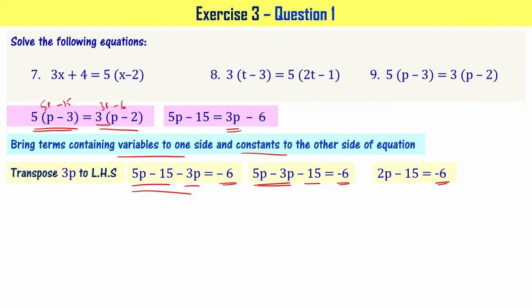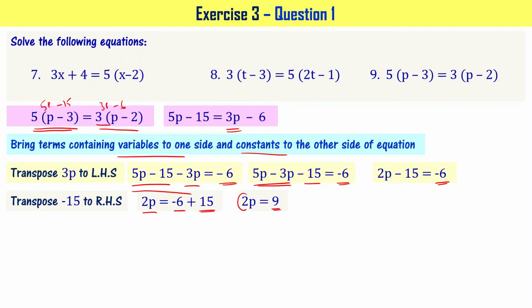Now let me transpose minus 15 to the other side. When I do that, it is going to be plus 15. So I can write the equation as 2p equal to minus 6 plus 15, right? So I can write now 2p equal to 9. Minus 6 plus 15 is 9, right?